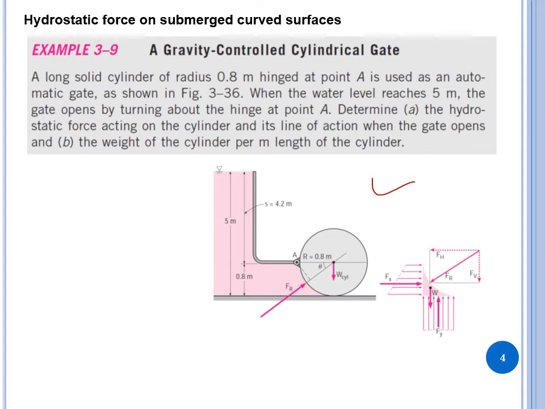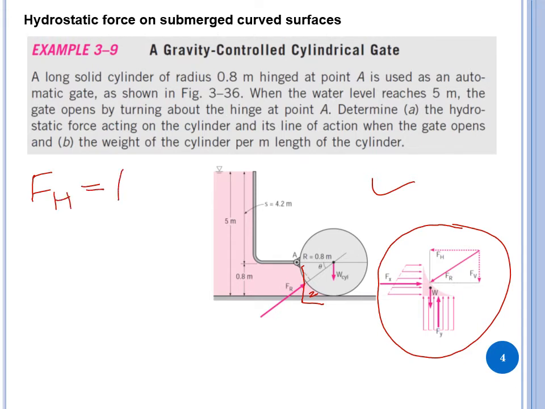So first we need to draw a free body diagram, which is being shown here. This is the liquid column, and for the liquid column there is going to be a horizontal force equal to Fx, so FH is going to be equal to Fx. So what is going to be Fx?